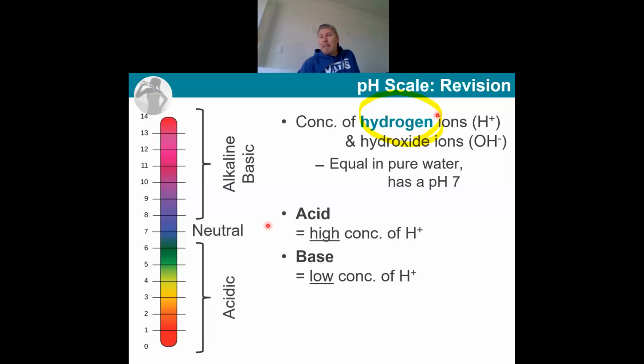Well, this is a mathematical scale to show the amount of hydrogen ions and also hydroxide ions in the body fluids. So if you have acidic conditions, there's a high concentration of hydrogen ions, and in basic conditions, we have a low concentration of hydrogen ions.